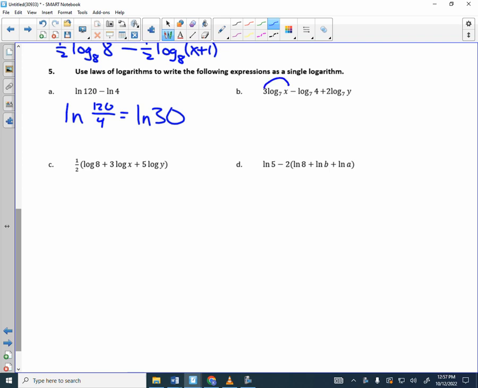I'm going to take the 3 and move it up as an exponent. I'm going to take the 2 and move it up as an exponent. So therefore, I have the log base 7 of x cubed minus log base 7 of 4 plus log base 7 of y squared. What should I do now?